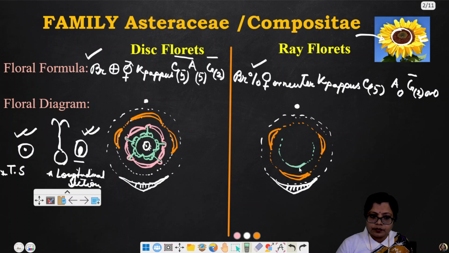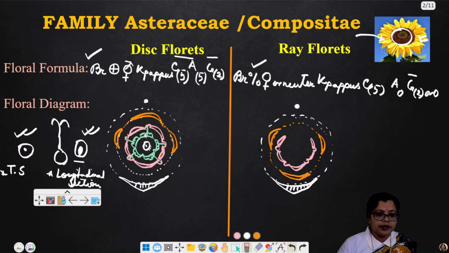So this is 1, this is 2, this is 3, and this is 4. Joined, gamopetalous strap like ligule. It forms the ligulate.